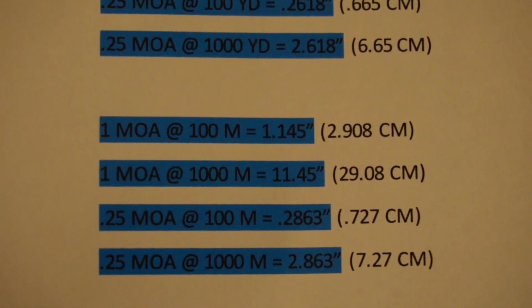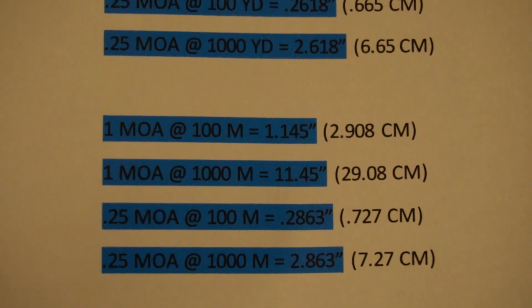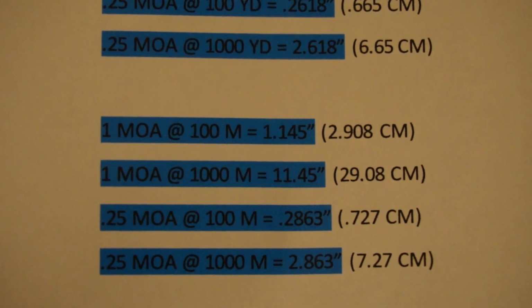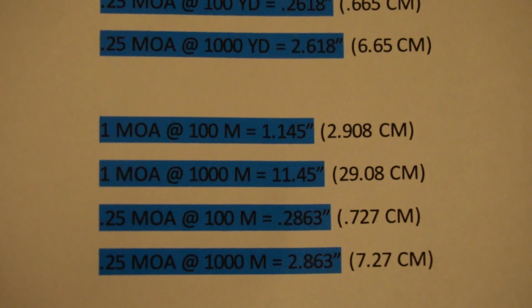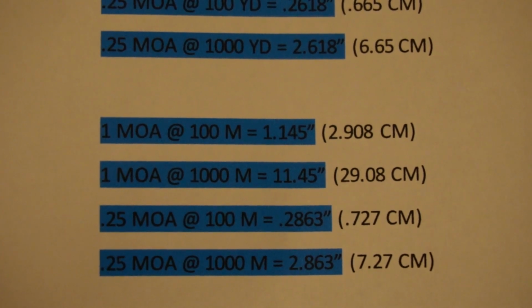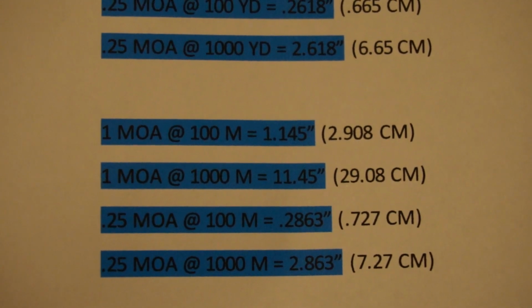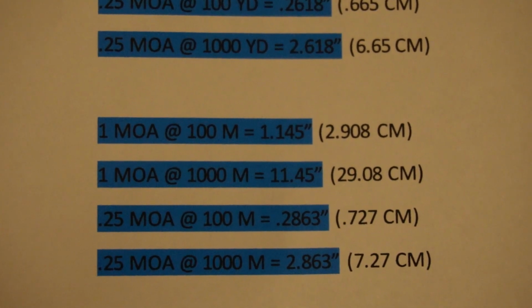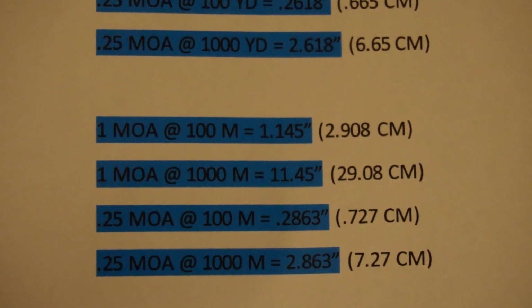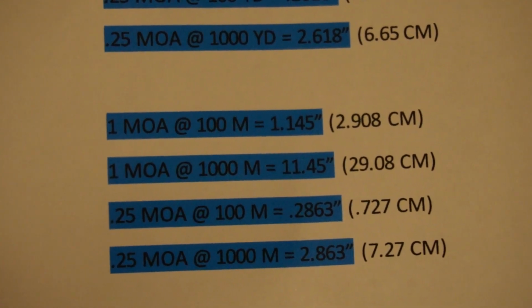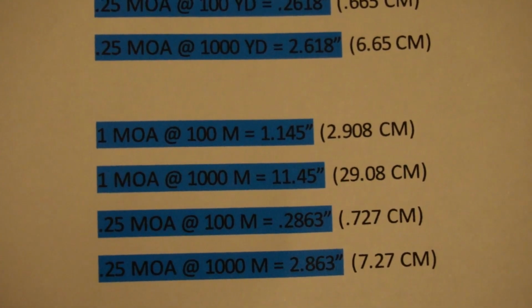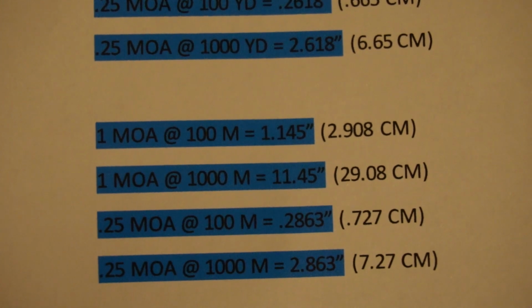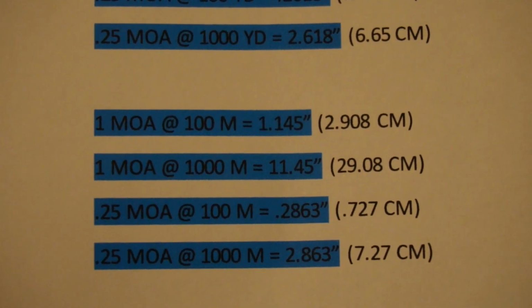And again, your quarter minute adjustments: a quarter minute of angle at 100 meters is 0.2863 inches, and at 1,000 meters it would be 2.863 inches. Again, out there to the right, if you wanted to convert that to centimeters, you get some crazy numbers that are hard to keep up with.